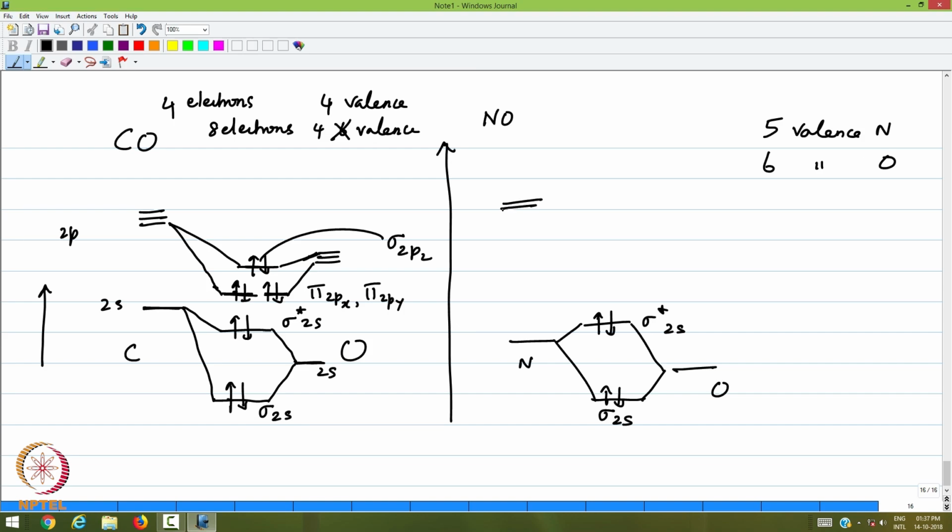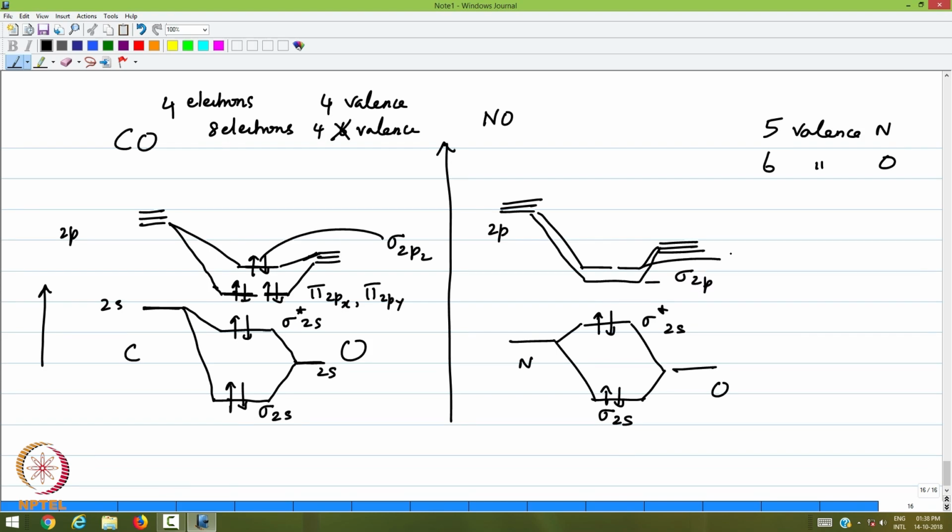And if we have 3 p orbitals here, but the 2 p orbitals for nitrogen and the 2 p orbitals for oxygen lower in energy, then you can see that this is the pi 2 p, and this is the sigma 2 p.